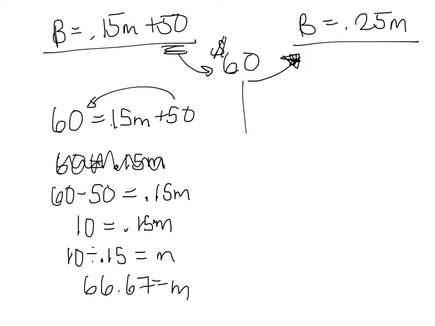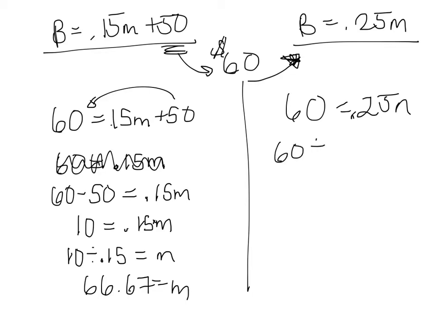Okay. So now let's see what it's going to cost us here. 60 divided by 0.25 is going to equal M. 60 divided by 0.25 is 240 minutes.